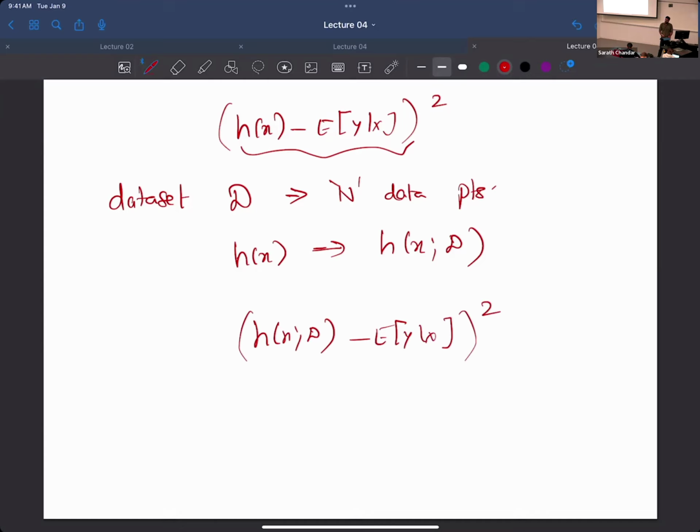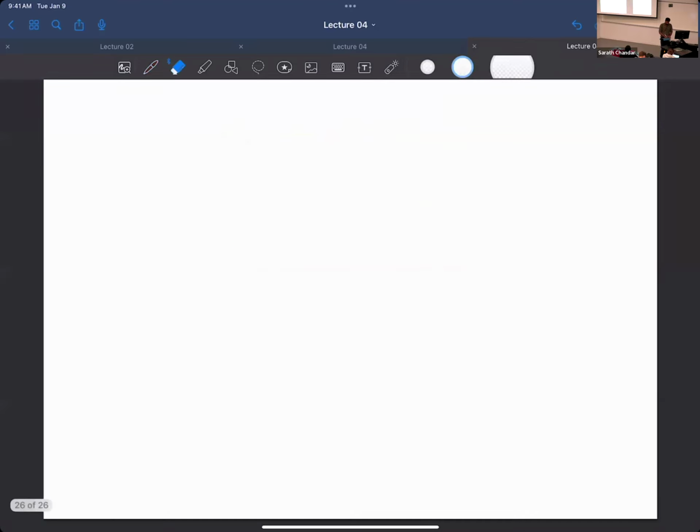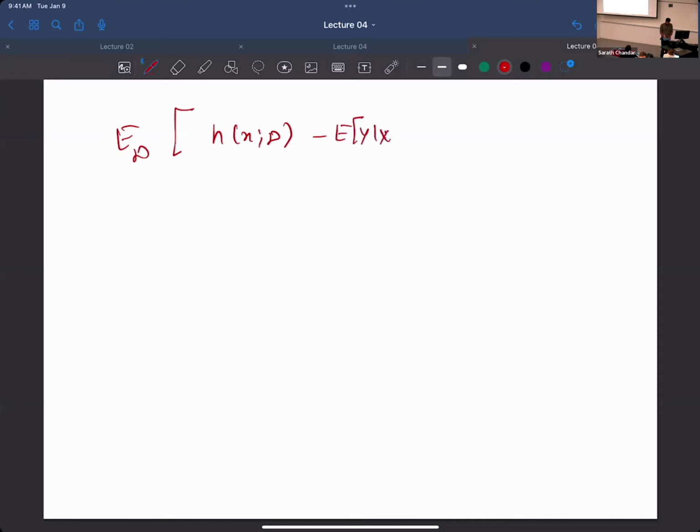Okay, so now I want to compute this error, the model specific error, with expectation over the data sets. So expectation over the data set, h of x given D minus E of y given x, the whole square. Again I'm going to do the same split.